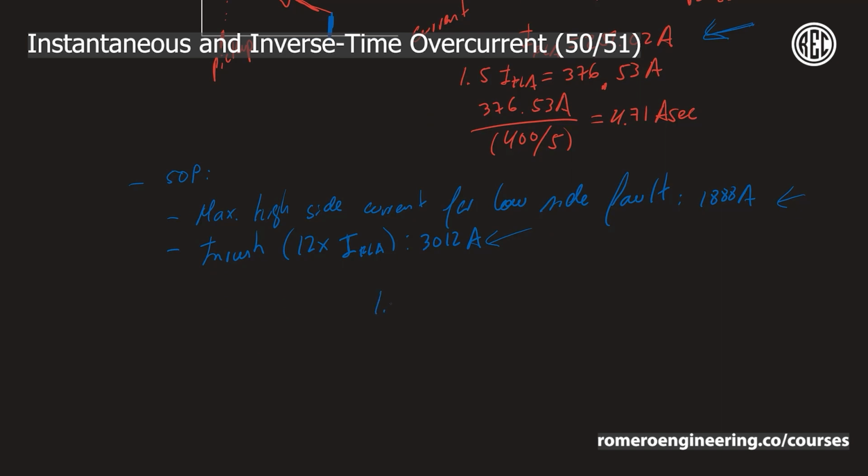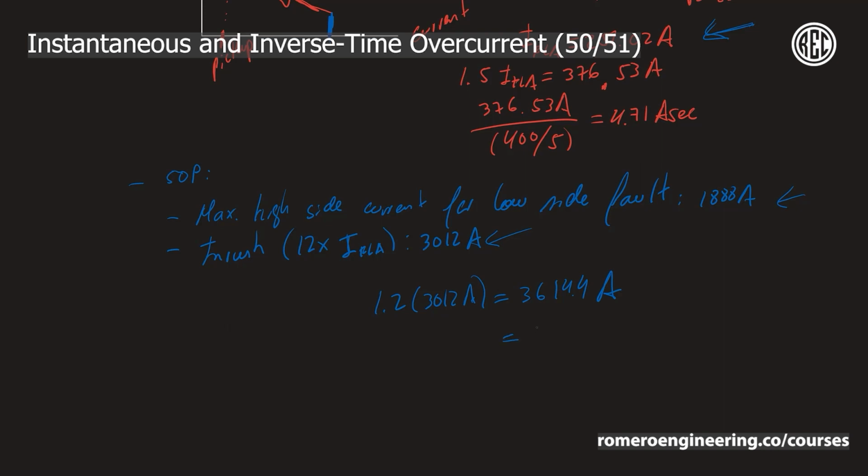And of course, we have to go somewhere higher than that. So let's use a margin of 20%. So 1.2 times 3012 gives us 3614.4 amps. And again, this is in primary amps.